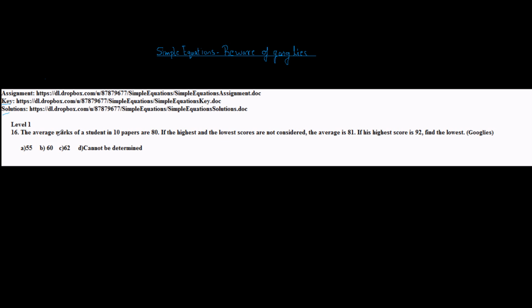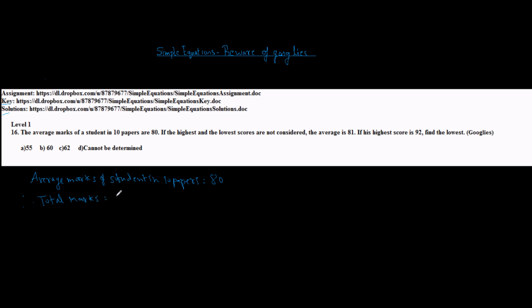So the first problem we are taking in this lecture is a level 1 problem, problem number 16. It goes something like this. Average marks of a student in 10 papers is equal to 80. Now since average marks are given, we can easily calculate total marks.